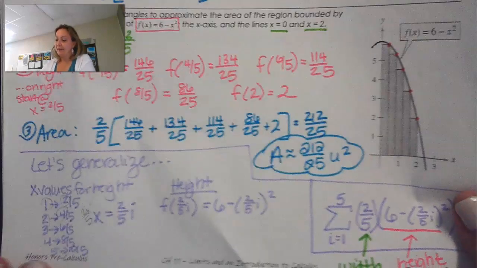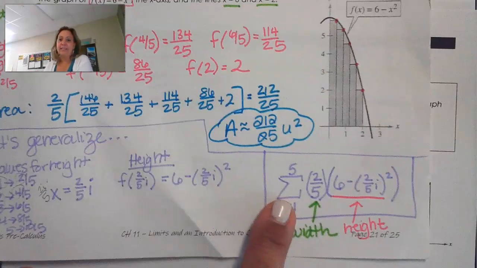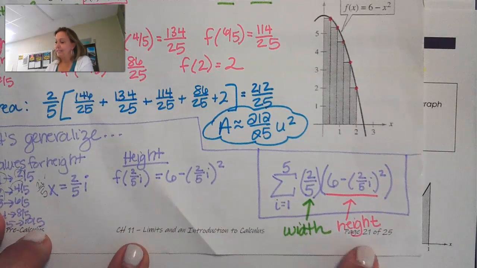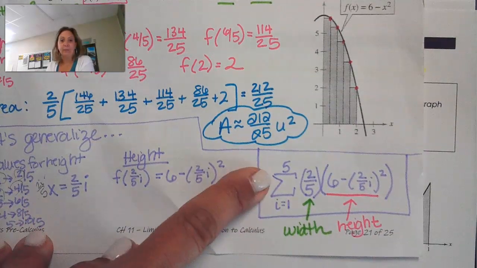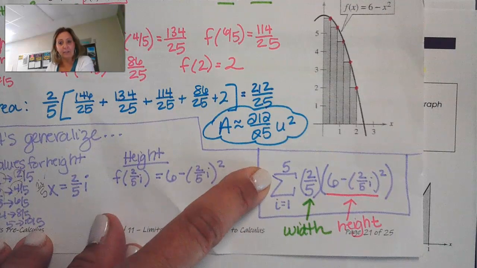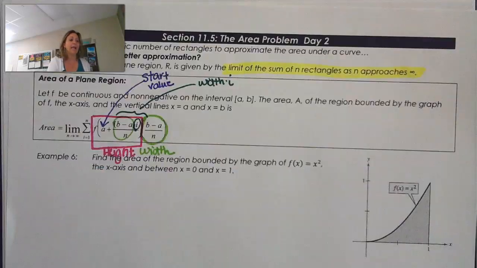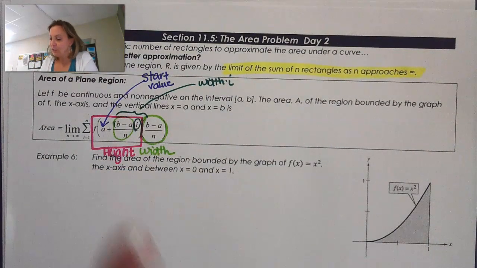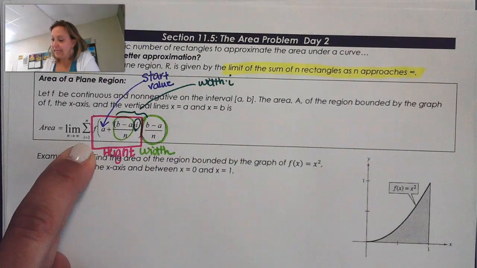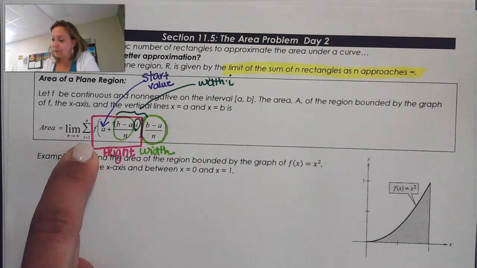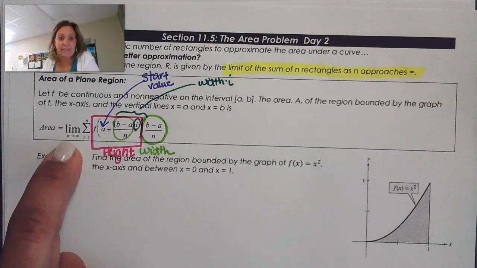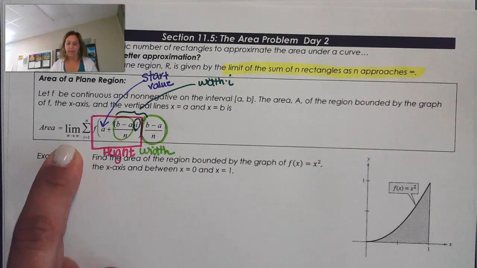So in the last lesson, we had the width times the height, and we did that for 5 rectangles. But now we want to do this for n rectangles as n approaches infinity. So we're going to take the sum from i equals 1 to n, where n is approaching infinity, okay?